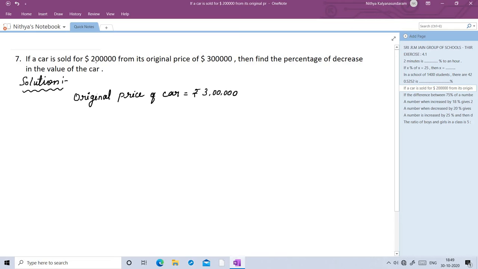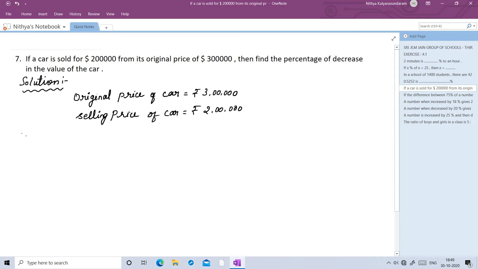Actually that selling price is rupees 2 lakh. So selling price of car is equal to rupees 2 lakhs. So first we need to find out what is the decrease amount. Then only we can calculate percentage of decrease.